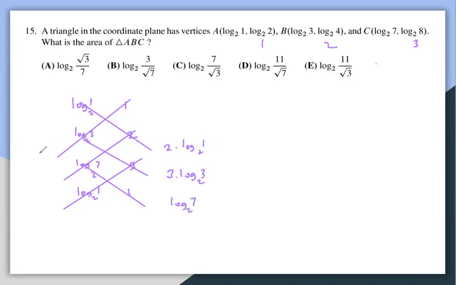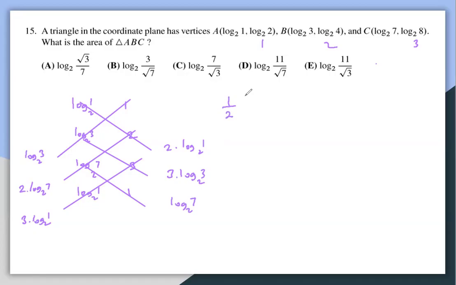If I multiply these two, you get log base 2 of 3, and then that would be 2 times log base 2 of 7, and 3 times log base 2 of 1. So when you multiply these crossly, we add these guys together, and then we add these guys together, and then take 1/2 of the absolute difference.